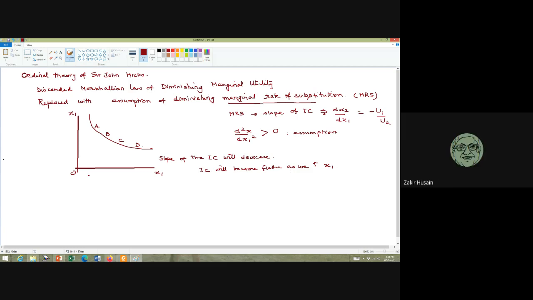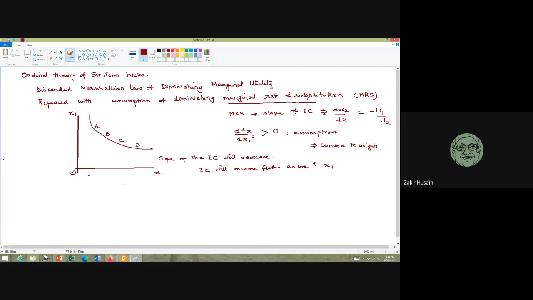So, are we finding the curvature out there, like d squared x2? Yes. Yes, this is the curvature. So that means the indifference curves must be convex to the origin. Okay.